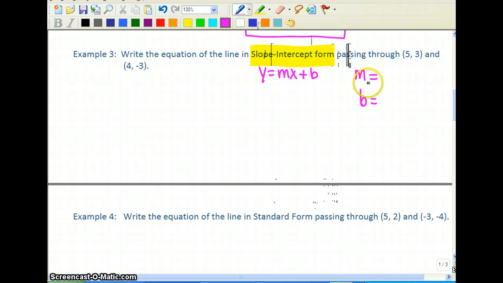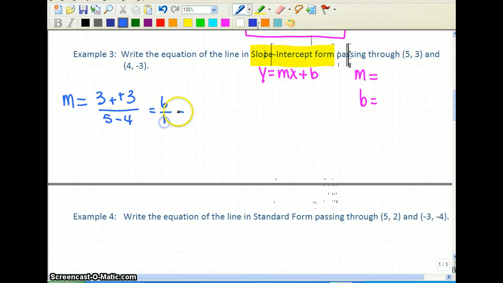So they didn't give us either one of these things. But what they did give us is 2 points. So we should be able to figure out what m is using our slope formula. So we're going to take 3 minus negative 3 over 5 minus 4. We will get 6 over 1, or just 6. So now we know the slope.